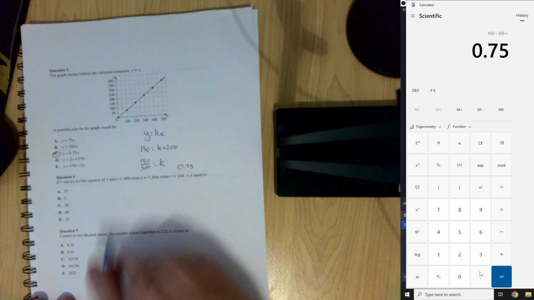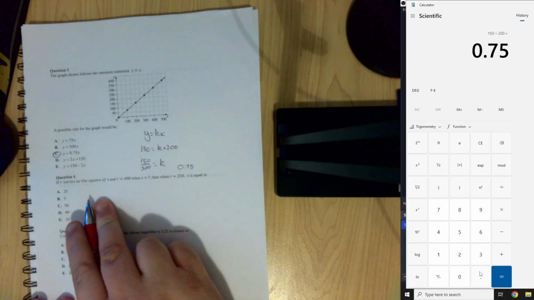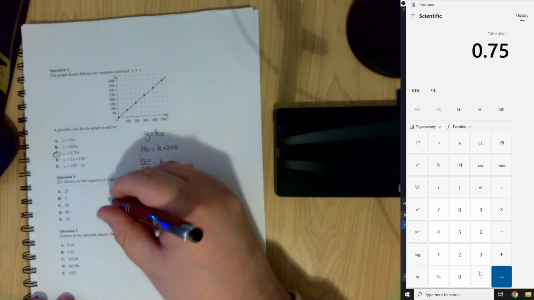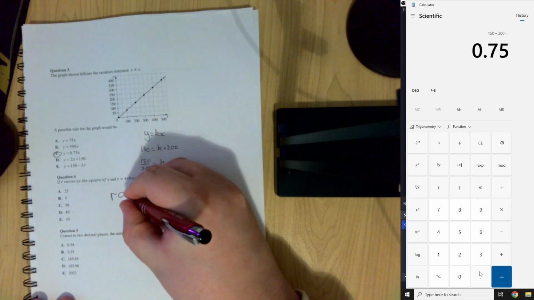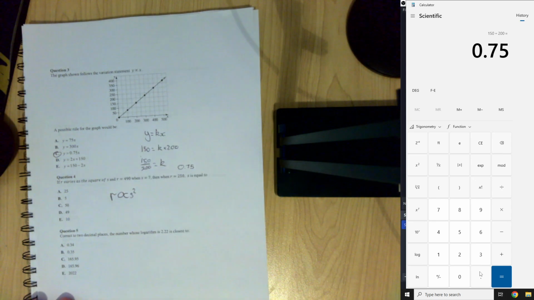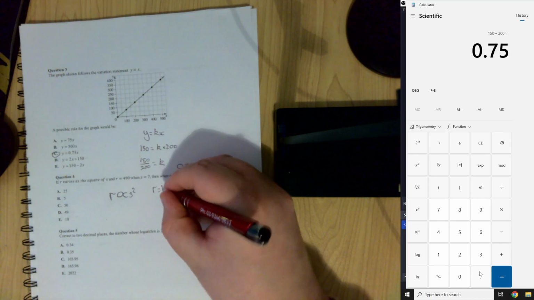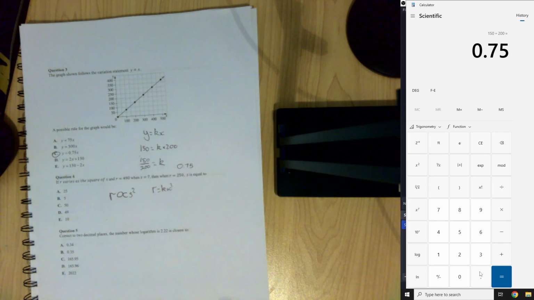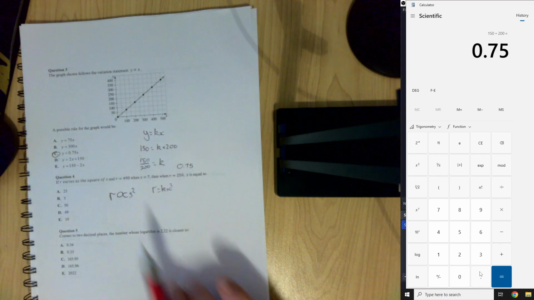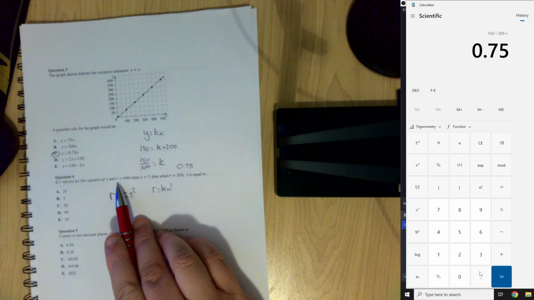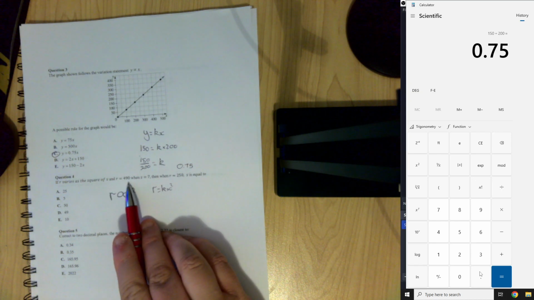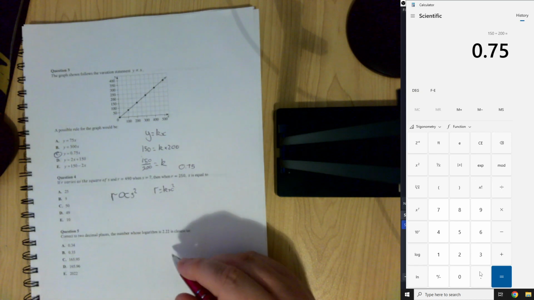This one, if r varies as the square of s, okay, so that means r, we have the fish, s squared, which means it's r equals ks squared. So we know that r equals 490 when s is equal to 7.